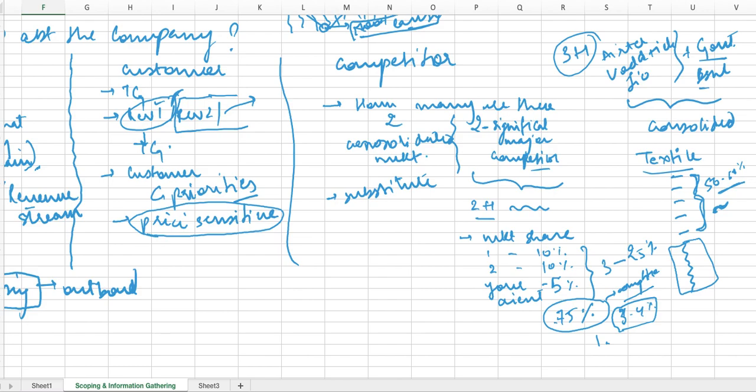So that is basically a substitute, and you can read more about this in Porter's five forces. I'm pretty sure you must have come across Porter's five forces already, and if not, then do Google it up. It is a very common framework which gets discussed on a daily basis, believe me. Even during my MBA, Porter's five forces was everywhere.